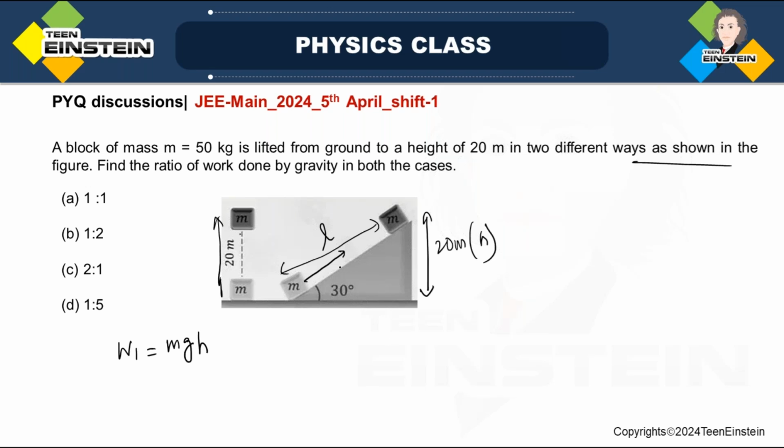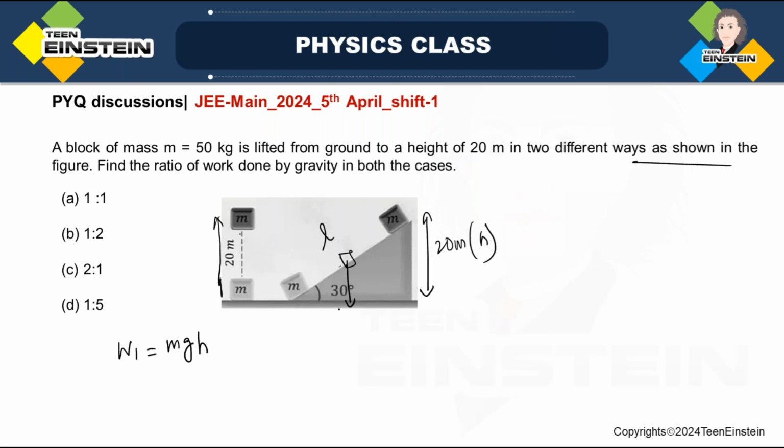Now you know, when I'm taking it up, I have to work against the gravitational force, and that gravitational force is not exactly mg, that is mg sine theta, as you know. I hope you know this, but still I'll show you how the gravitational force acting on this body along the inclined plane will be mg sine theta.